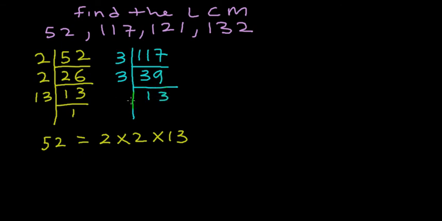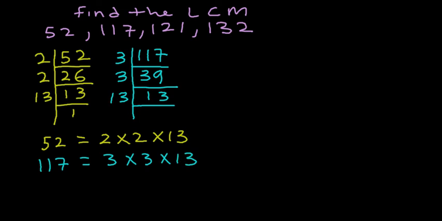The only number that can divide 13 without the remainder is 13. Okay, that's the only prime number that can divide it. So the prime factorization for 117 is 3 times 3 times 13.